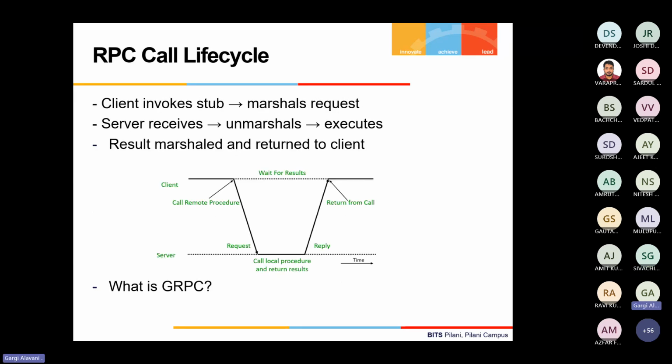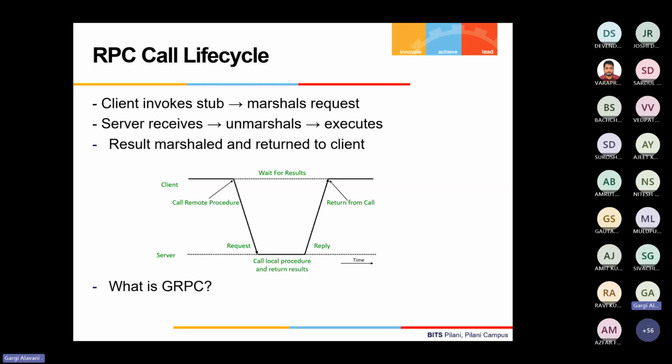So now let us see how RPC, or remote procedure call, works in this client server architecture scenario. As I mentioned, the client does not directly call the server's function. It will call a stub.